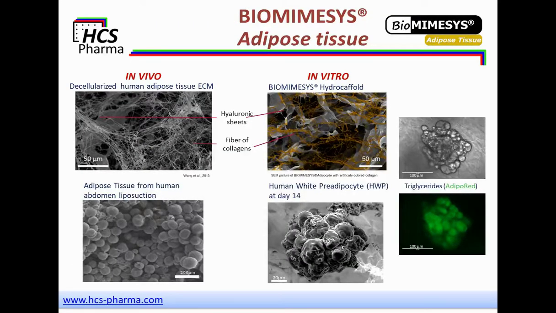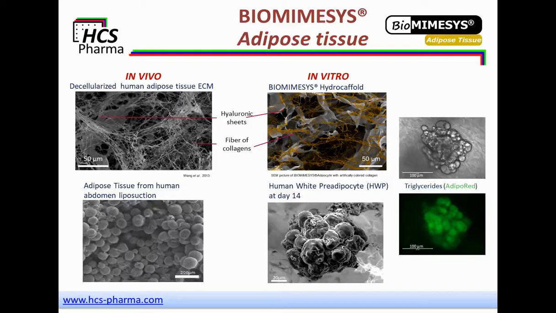Again, the structure of Biomimesis adipose tissue is really close to the in vivo decellularized human adipose tissue extracellular matrix, as you can see in these pictures. Interestingly, the cells are organized as spheroids, like grapes, here at day 14, as seen by electron microscopy, which looks like the structure that you can also observe in vivo.